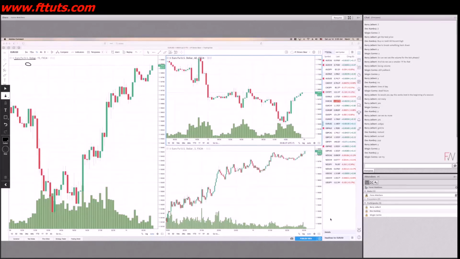Just on the Euro USD 60-minute chart, at what point did these sellers lose the ball? At what point did the sellers stop saying pull back, sell, pull back, sell? When would you have known?